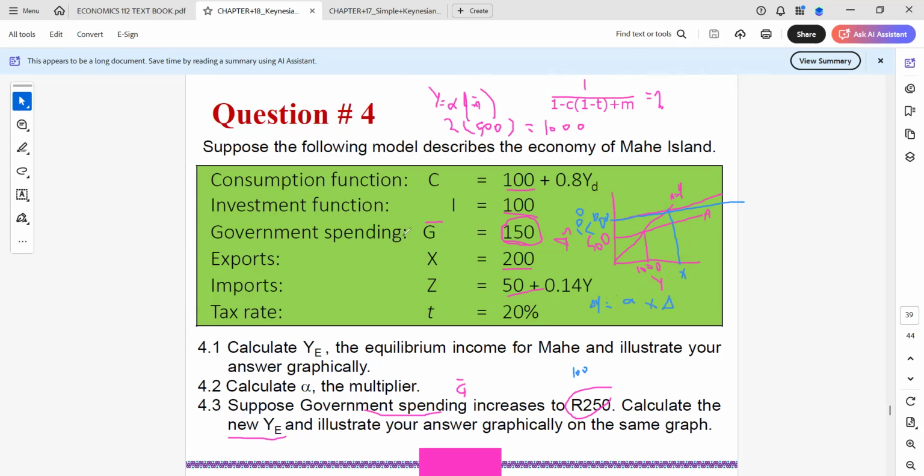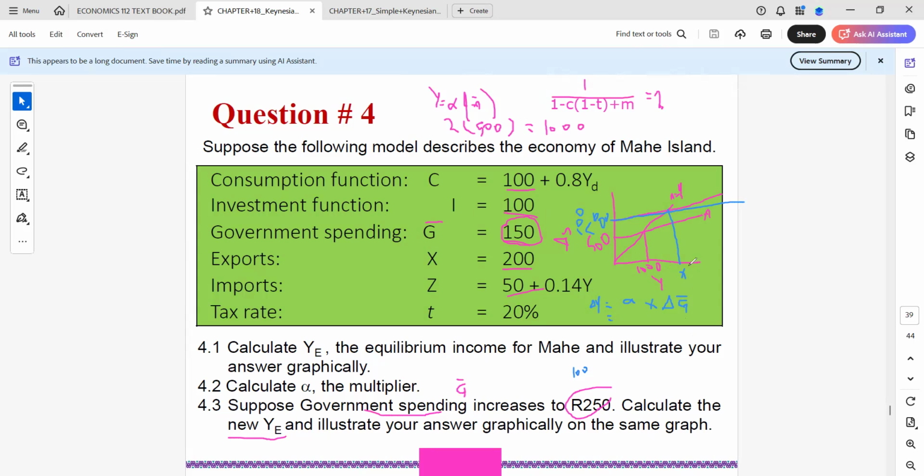In this case, the component that changed was G. So it's the multiplier times the change in autonomous government expenditure, because it's the component that changed, from 150 to 250. So now we're just going to substitute.